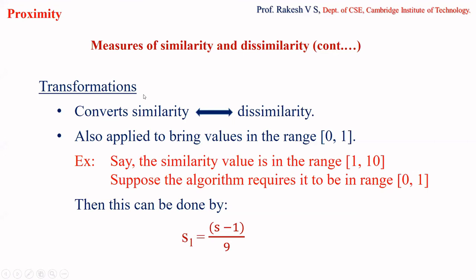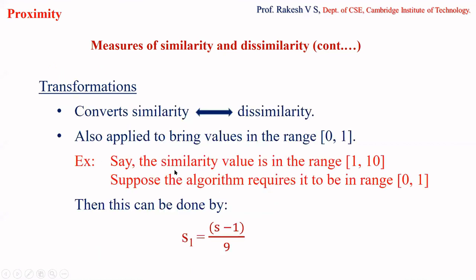Also, as I told earlier, sometimes the proximity measure has values other than 0 and 1. Say you have values from 1 to 10, but you want them in the range 0 to 1. In such cases, we apply a transformation so that we get the values in the required range.